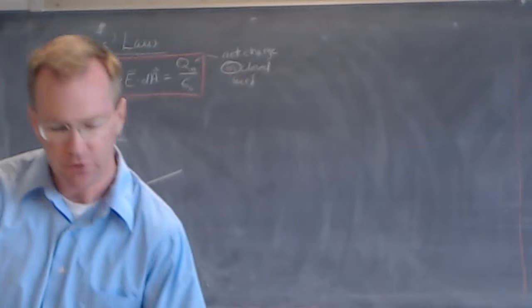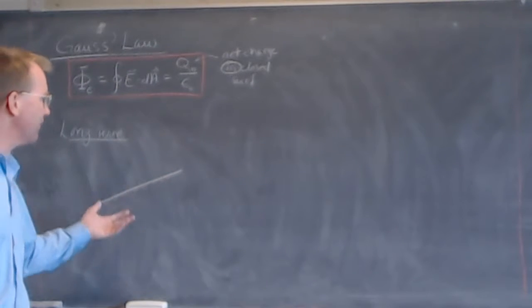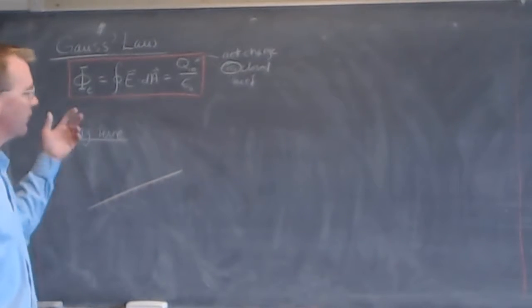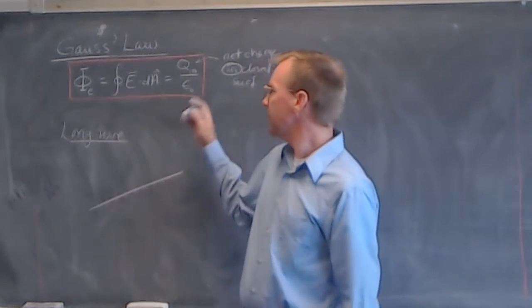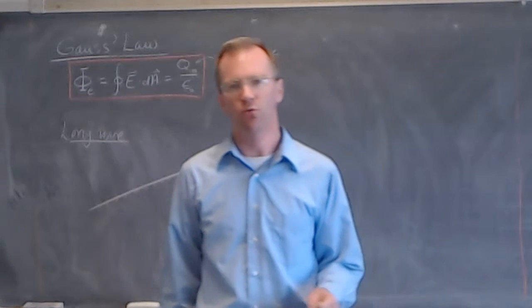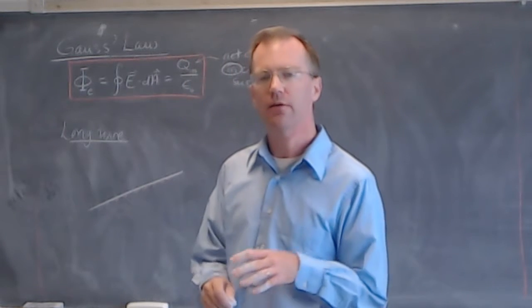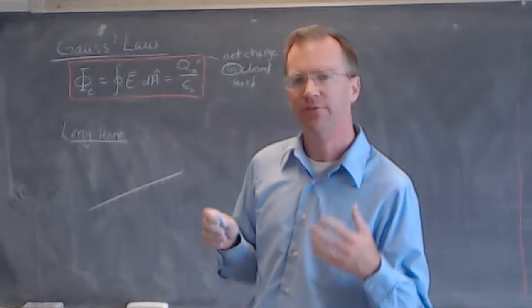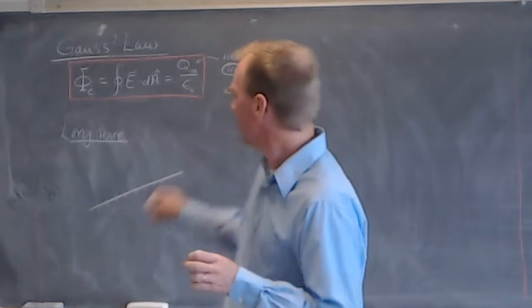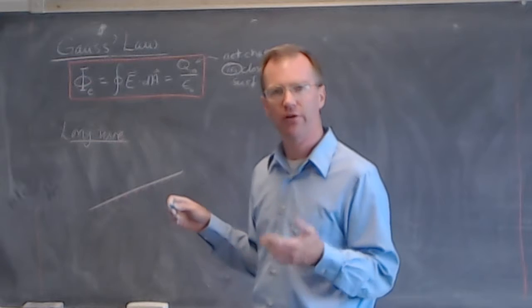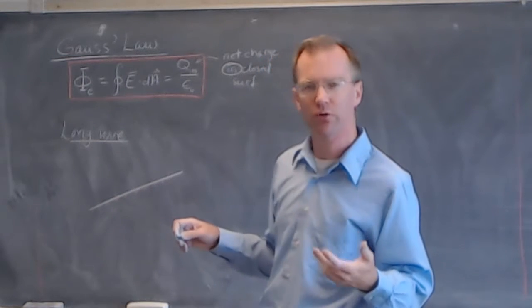You could figure, if you didn't already know, we derived the electric field from a long wire. The reason I'm even doing this is that one thing that you can use Gauss's law for is to find out the form of the electric field from some distribution of charge. We can use it even to derive Coulomb's law itself, but let's take a look at something more complicated.